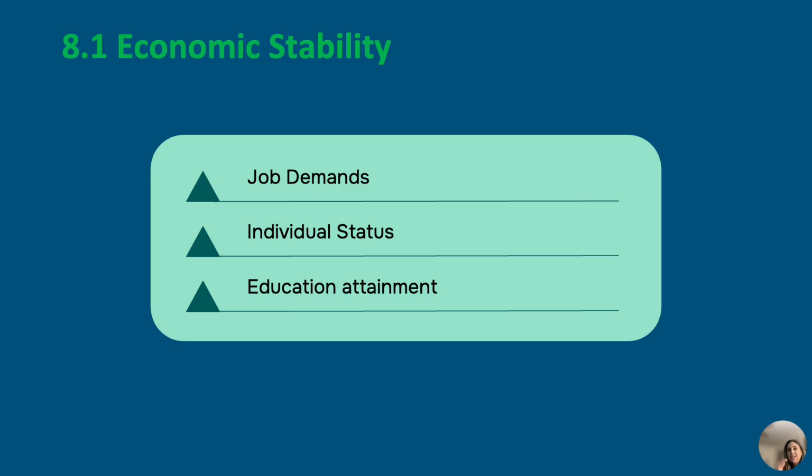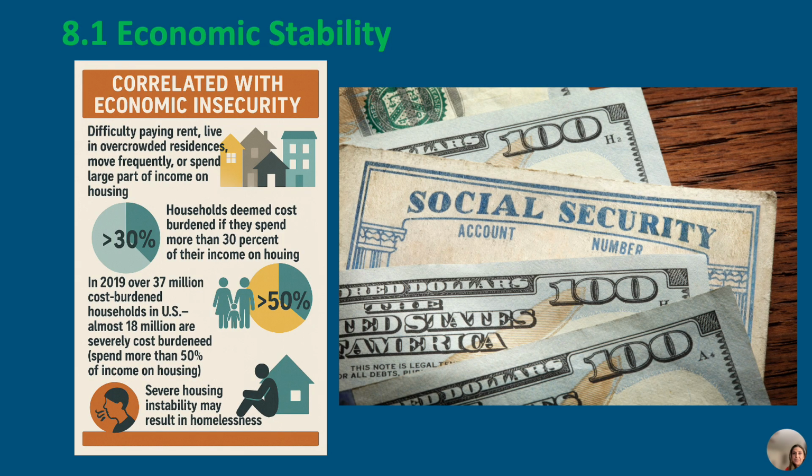Are they employed? Is a person underemployed, unemployed? And this then impacts their economic stability, and then we'll see later also their health outcomes. We know from research that there are disparities in employment, which is correlated with race and ethnic background, gender, and education attainment level.